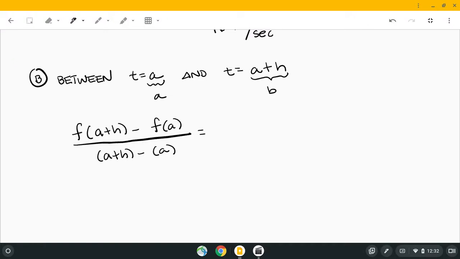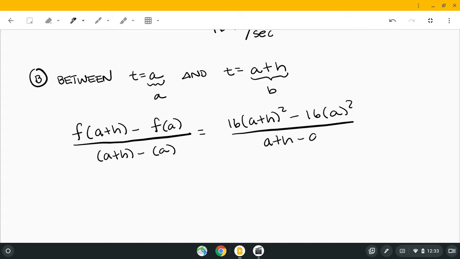Okay, so here we're plugging into our function. So 16 times a plus h quantity squared minus 16 times a squared all over a plus h minus a. Okay.